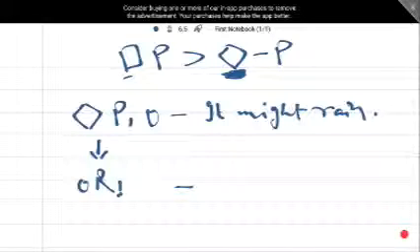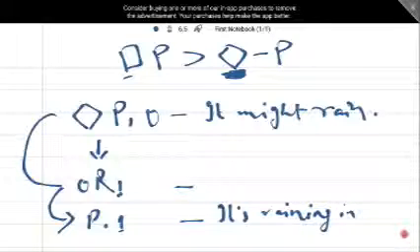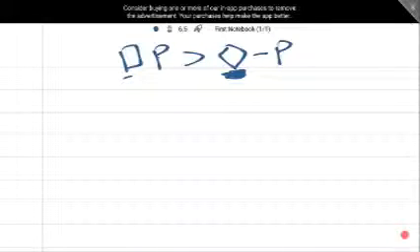When we say 0 relates to 1, and after that we come to the conclusion p1, these and these gave this. Now it means that it's raining in world 1. So you always need a diamond to be present before introducing a new world.